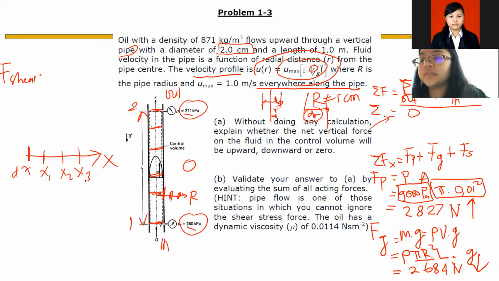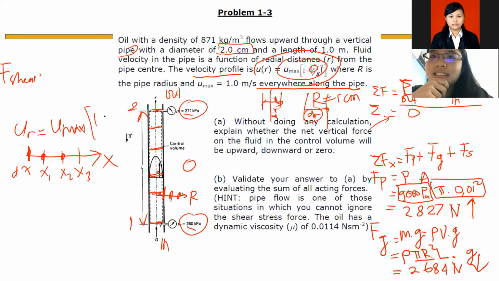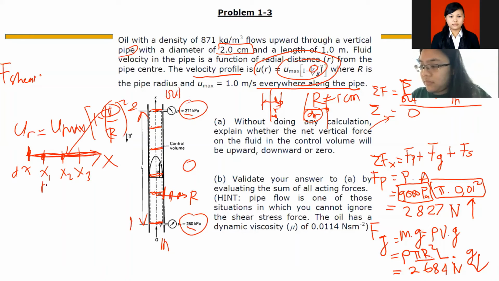Yes, the U in this case will be different in this area because you have the U max. So 1 minus R will be different along the radius, because this is maybe R1, R2, until the maximum, which is the capital R, just 1 centimeter.